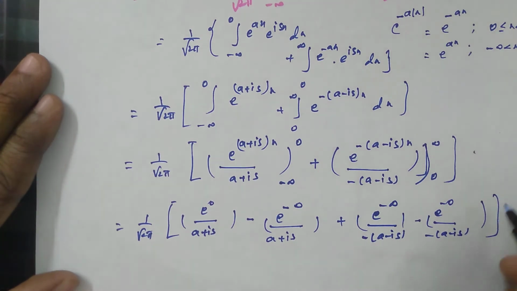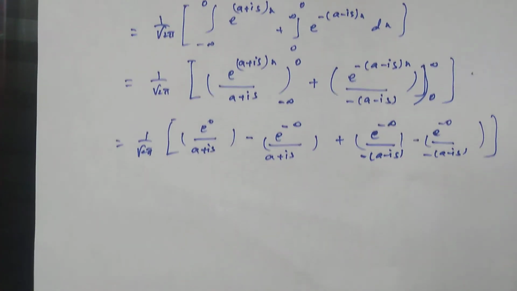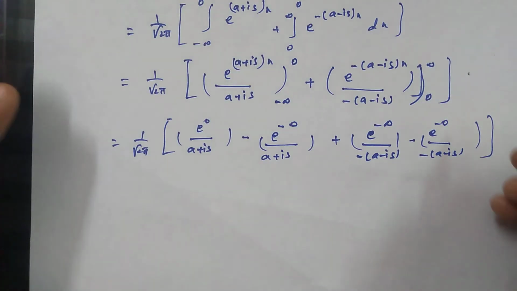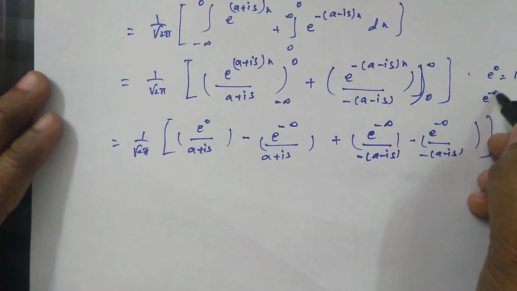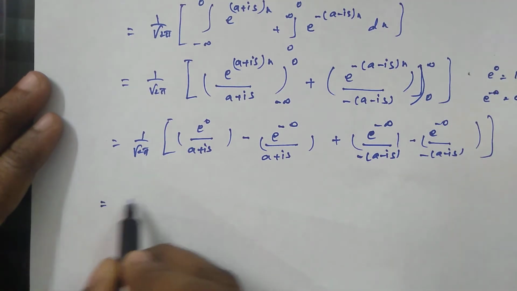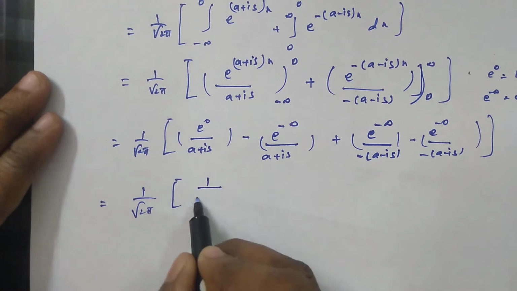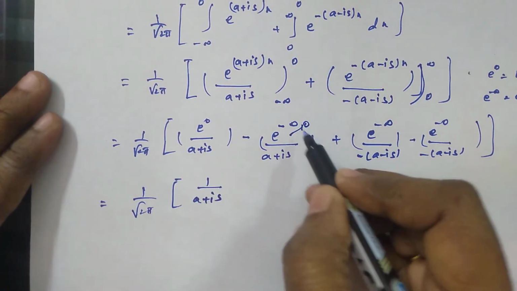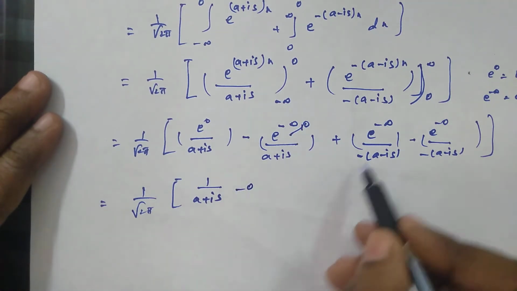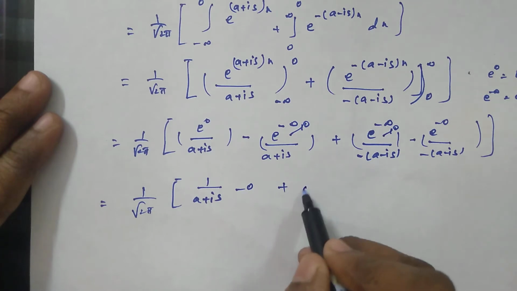Now, we know the value of e power 0. e power 0 is 1, and e power minus infinity is 0. So, 1 by root 2 pi, e power 0 is 1, so 1 by (a plus is), and this term becomes 0. 0 by anything is 0, so this is also 0.